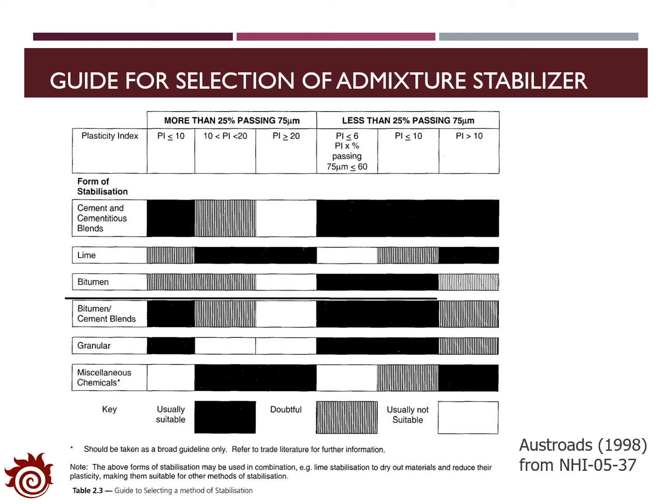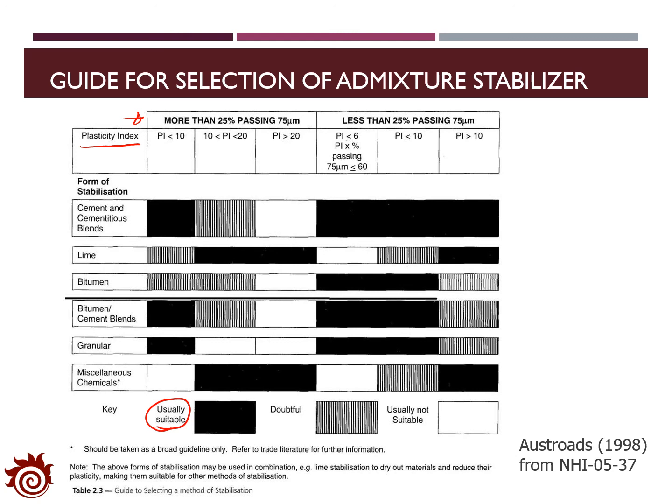Basically, the selection is determined by the grain size and the plasticity index. In this figure, the black region represents the stabilization agent applied for each type of soil.